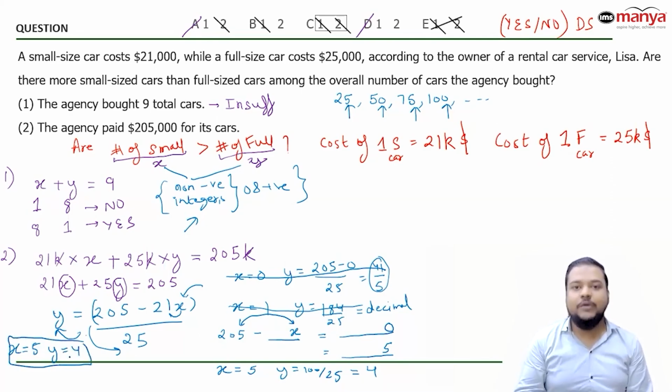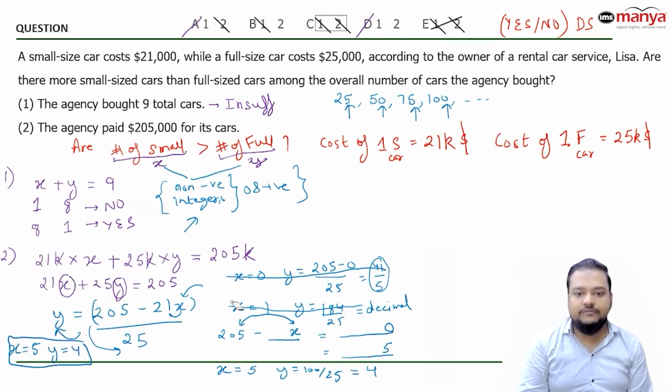Now let's think, is it possible to get multiple solutions? Let me increase the value of x. So if I try to get 5 in the units place of this subtraction, let me put x as 10. Because if I put x as 10, let me get some space here.